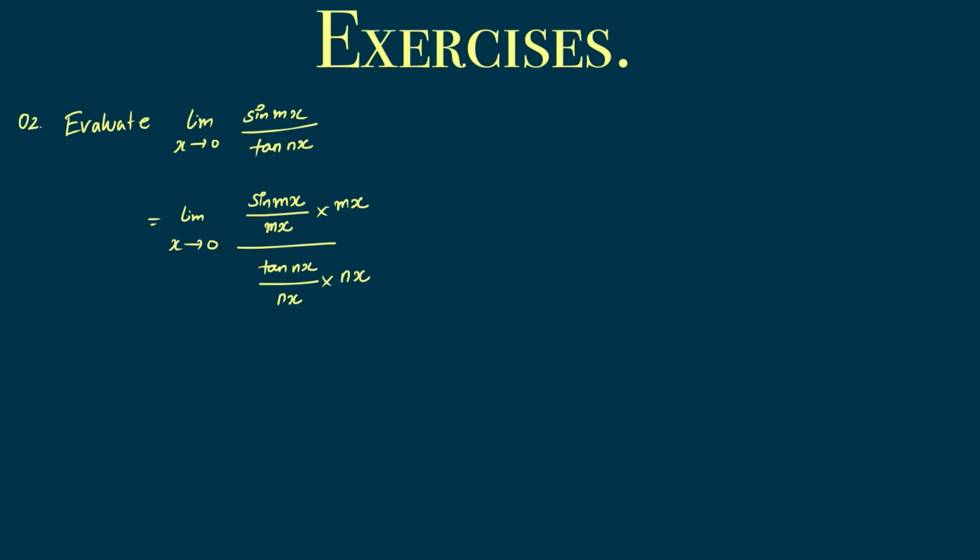Okay, so now here as you can see I can cancel this x and this x. Okay, since this m and this n are constants, I will write in front of limit, so it will be m by n limit x tends to 0 sine mx by mx whole divided by tan nx by nx.